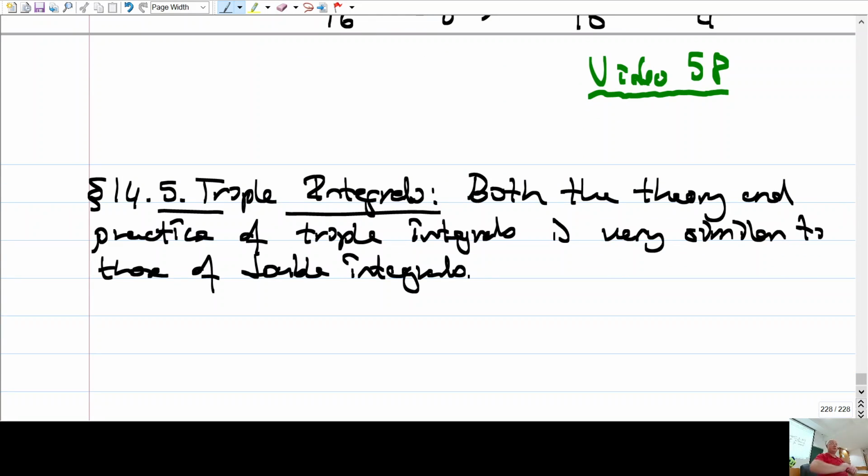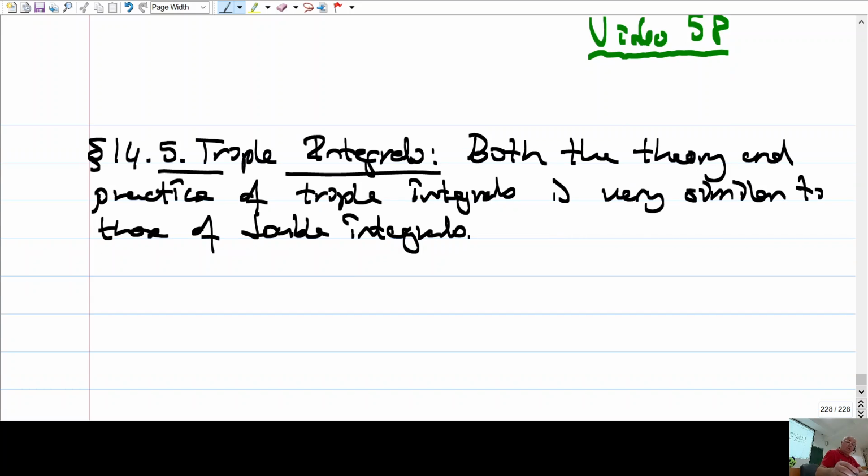So nothing is different basically. This time we will have a domain. So let D be a domain in R3.